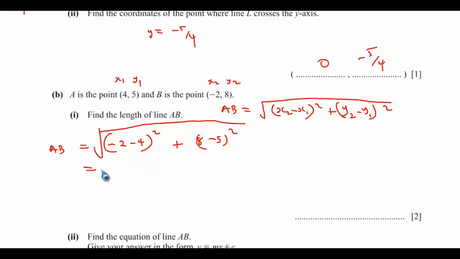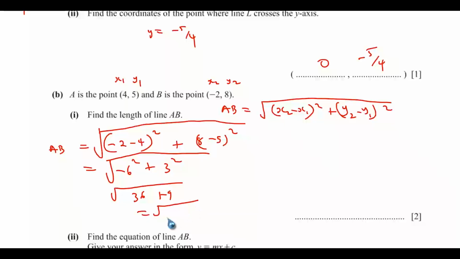So if you simplify this, you get minus 6 squared, plus 3 squared under the radical, and finally you get 36 add 9, which will be equal to square root of 45.